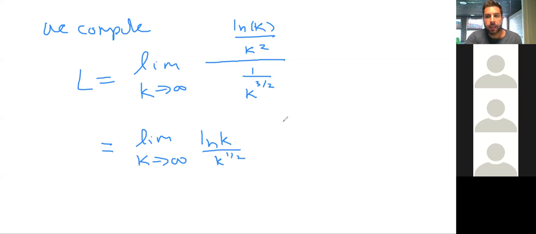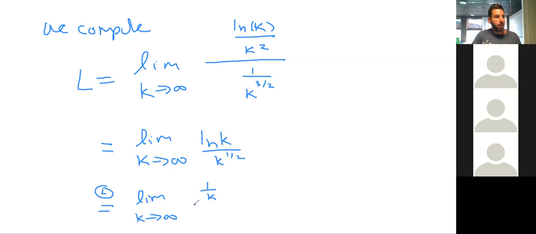Now, I can't take this limit as it is. If I try to evaluate this limit, I get infinity over infinity, but we had a tool for that, which was called L'Hopital's rule. And L'Hopital says you can differentiate the numerator and the denominator.